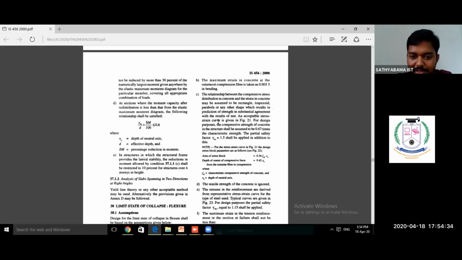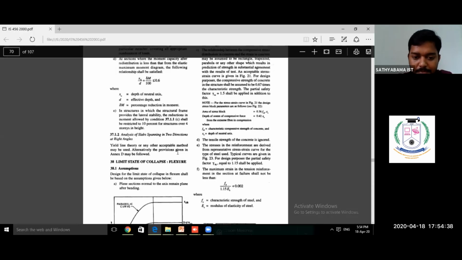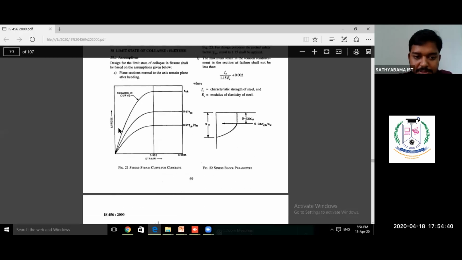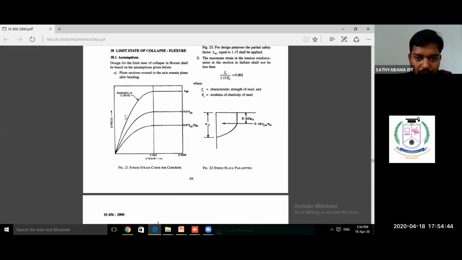An acceptable stress strain curve is shown in figure 21. This same stress strain curve is applicable for both beams and columns. From zero strain to a strain of 0.002, the variation is parabolic.